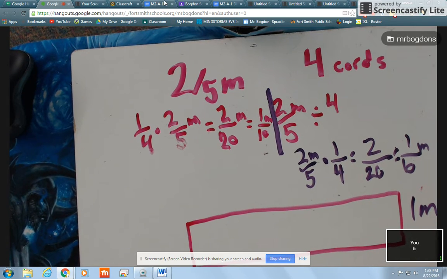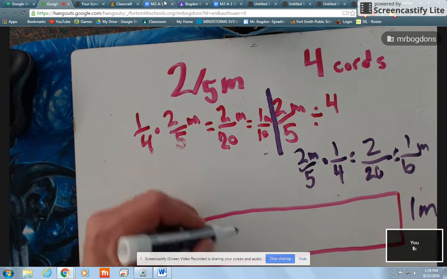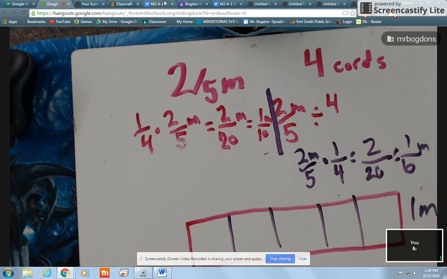Okay, I keep having the same people. Camilla, if I need to show fifths, how many pieces do I need to split this into? To show fifths? Okay. 1, 2, 3, 4, 5. Now, Roberto, to show 2 fifths, how many of these fifths do I need to shade in? 2. All right. That's what I have to share.